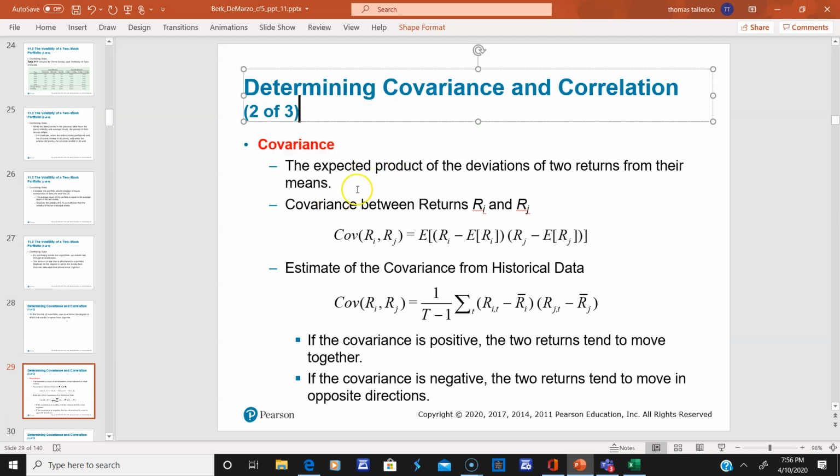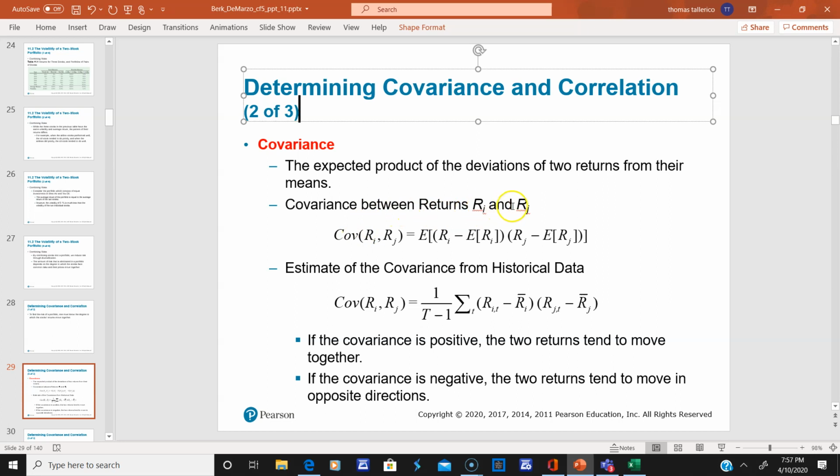So this is covariance. The covariance is the expected product of the deviations of the two returns from their means. So basically you've got two returns here, and we're looking at how much they deviate from the mean.